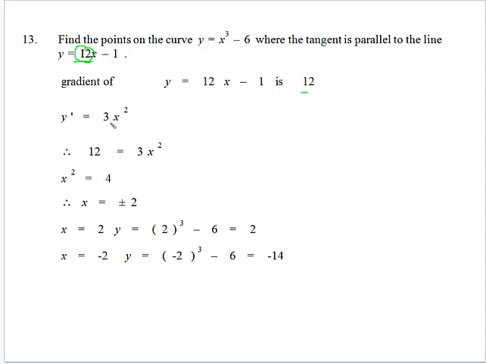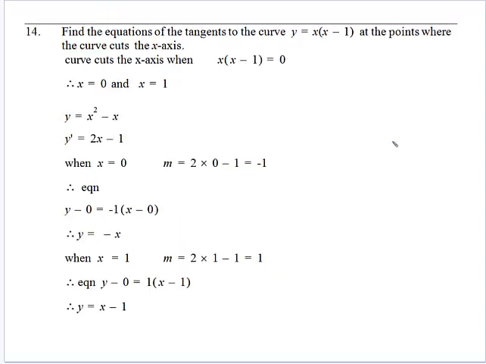And if our gradient function for this curve is 3x squared, then where's our gradient going to be equal to 12? It would be equal to that at x is equal to plus or minus 2. And then we can get our y values by subbing it back into the equation there and getting the point 2, 22 and the point minus 2, minus 14. So it's just a manipulation of our ideas to suit the problem.